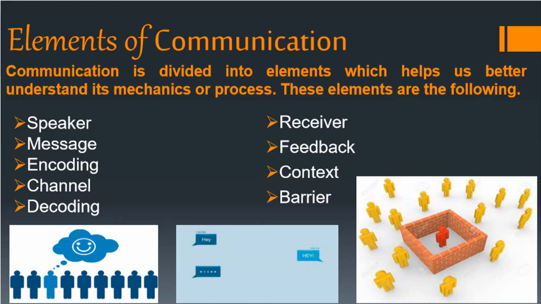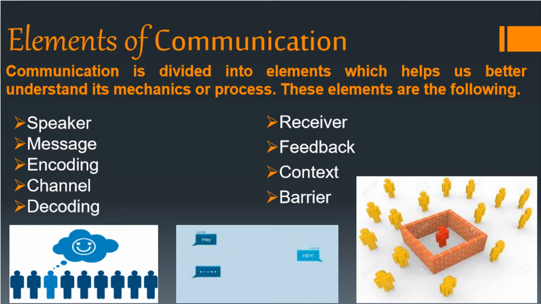So these are the elements of communication. Communication is divided into elements which help us better understand its mechanics or process. These elements are the following. Number 1, speaker. Number 2, message. Number 3, encoding.